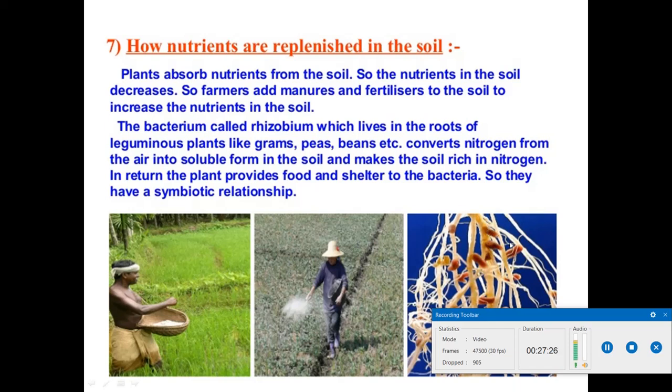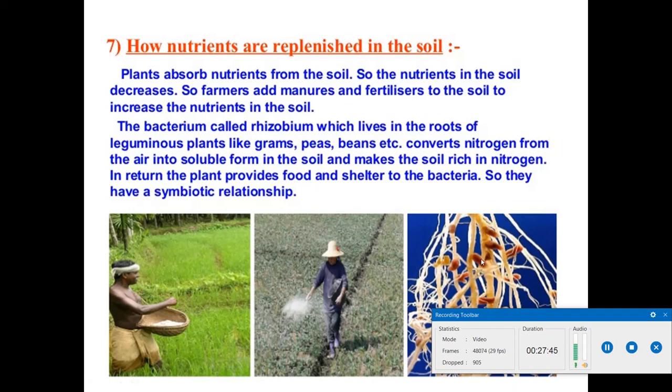You just observe the cursor here. This is a root system of leguminous plants. Here you can observe the root nodules. So inside these nodules, rhizobium bacteria live.